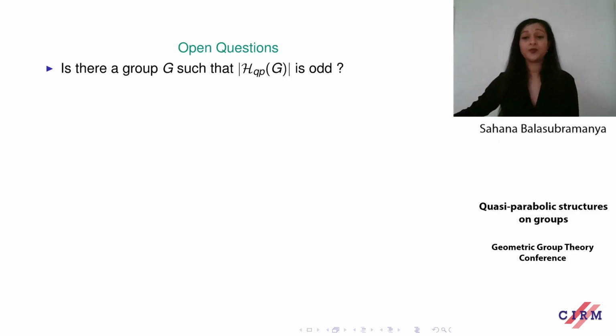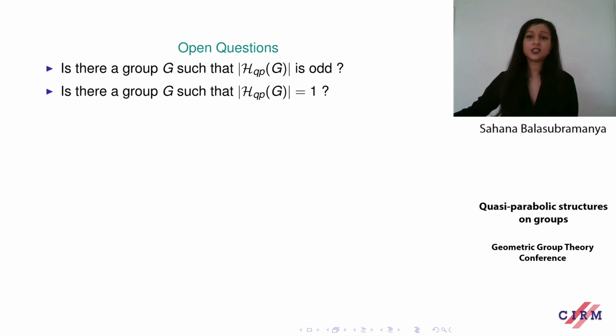That's an even number. In the Baumslag-Solitar group case, it's also an even number. And for Z square semi-direct product with Z, it's still an even number. So does there exist a group that has an odd number of quasi-parabolic structures? And in particular, does there exist a group that has only one?